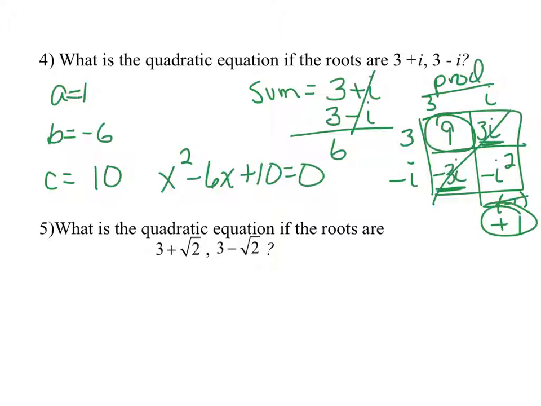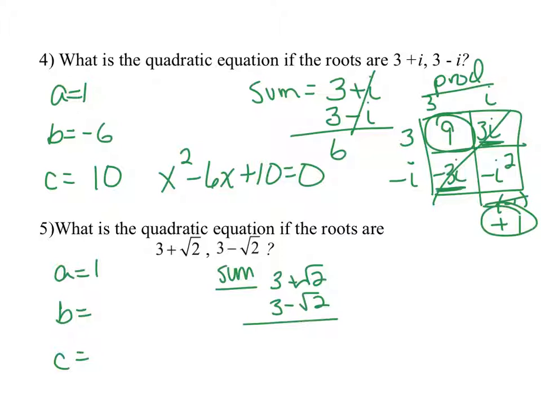Same deal here. We've got to do the sum, the product, and that's it. So a stays 1. The sum, we just add them up. Because they're conjugates, these signs should always cancel out. I get 6, so b is negative 6.